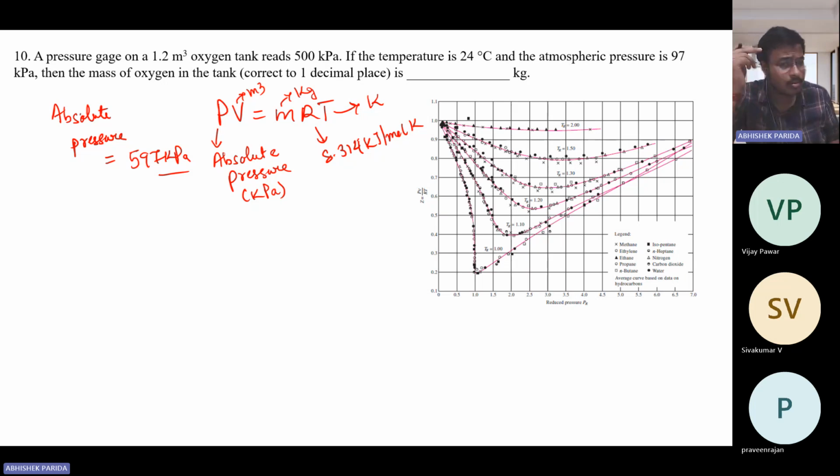Here, gas constant R. Oh, correct. Sorry, this is of course the molecular weight of the gas. Actually, this is in number of moles. If it is, then you have to divide by M. If you are using n moles, then directly you can write 8.31.